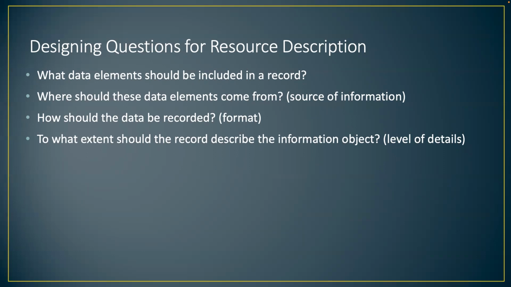Should we directly collect it from a specific place in the information object, or should we maybe use some other methods, like we can use machine learning methods to extract keywords from the full text of publications, and we can use these keywords to describe these articles. And that's another potential source of information.